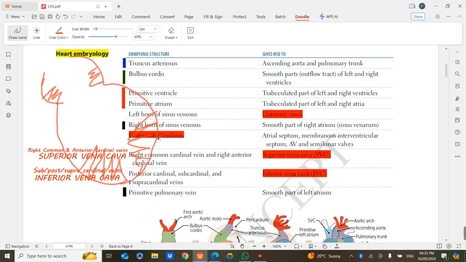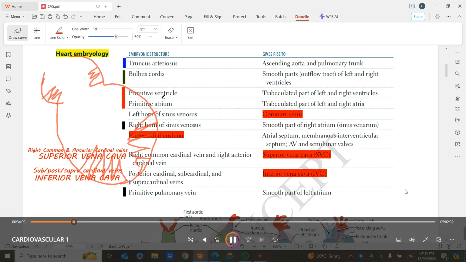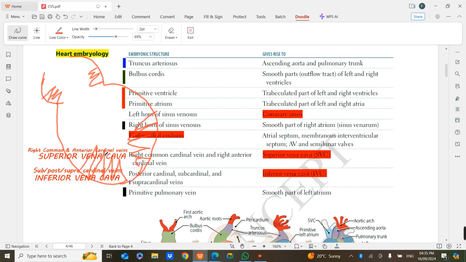So if the question asks where this rough, trabeculated part of the ventricles is coming from, I will be thinking towards primitive ventricle. Very easy and straightforward. If the question asks where the trabeculated part of the atria is coming from, I will be thinking towards primitive atrium. Primitive, rough. You can look at it like that.